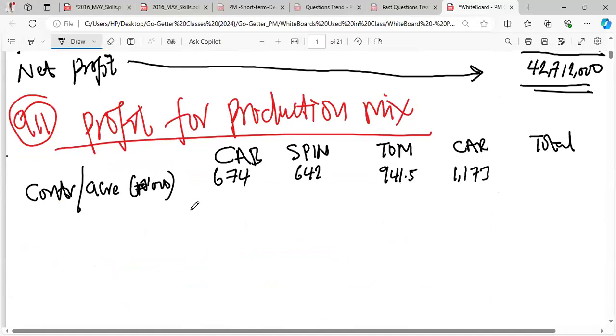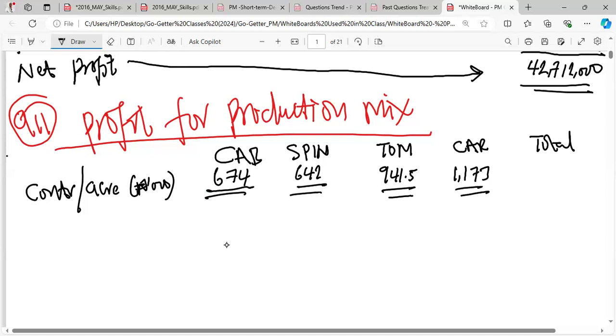So contribution per limiting factor is still going to be contribution per acre. So now this contribution is our contribution per limiting factor. So we will now rank.